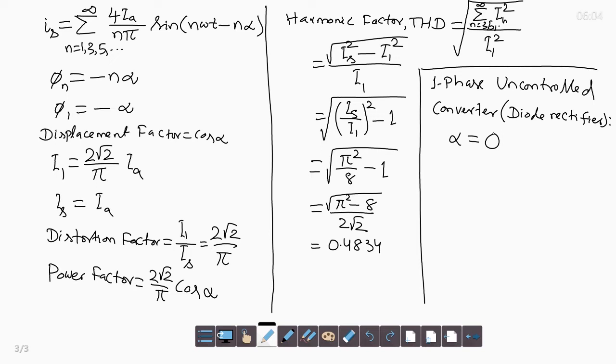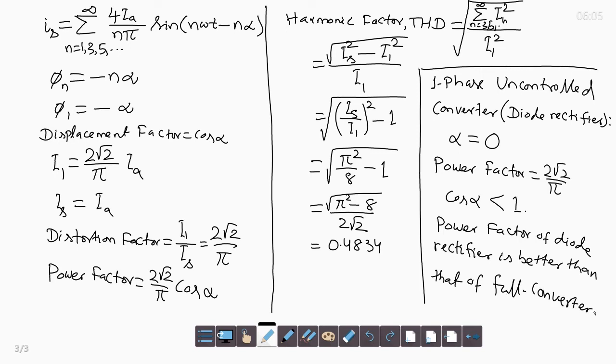So with that, what is the power factor of a diode rectifier? That is 2 into root 2 by pi. Because cos alpha, the displacement factor, is always less than 1, the power factor of a diode rectifier is better than that of a fully controlled converter.